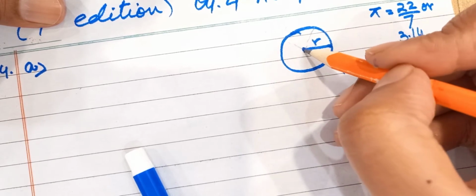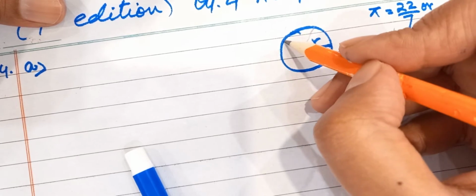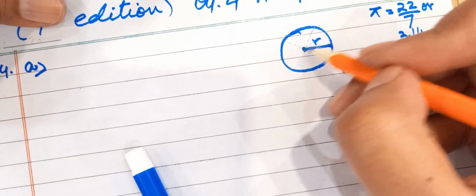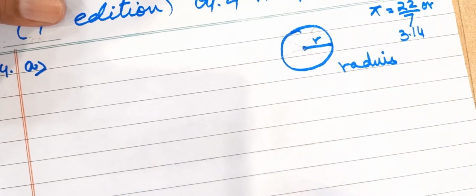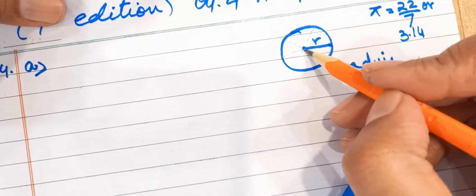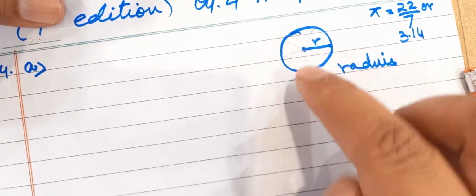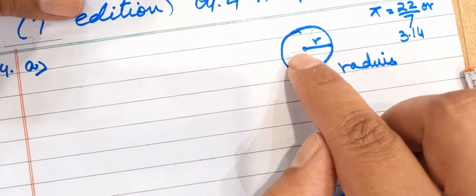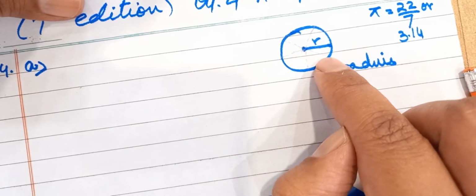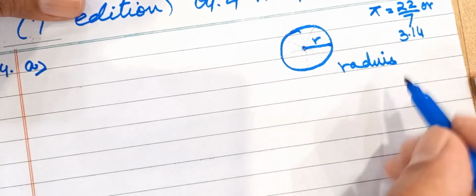The line starting from the middle and touching the circle, these are all radius. This is radius, this is radius. All these lines which start from the center of the circle and touch the outer boundary of the circle are radius. Then there is diameter.